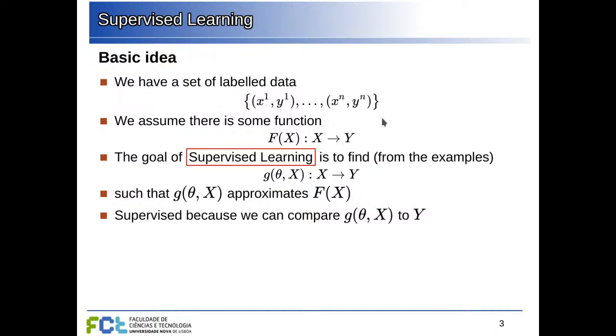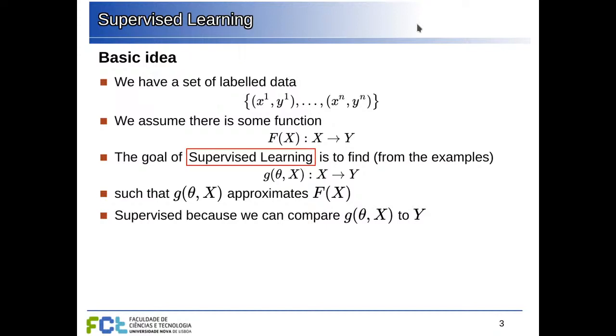And we're going to assume that somewhere in nature, in the universe, there is some function that maps between the features and the target value. So maps from x to y. We don't know what this function is, but there is some relation between, for example, the symptoms and the disease, or the color values in an image and whether or not it's the image of a cat or something like that. There must be some relation between the features and the target value.